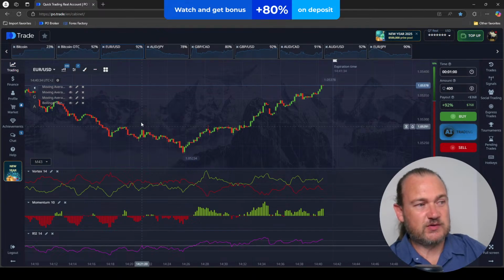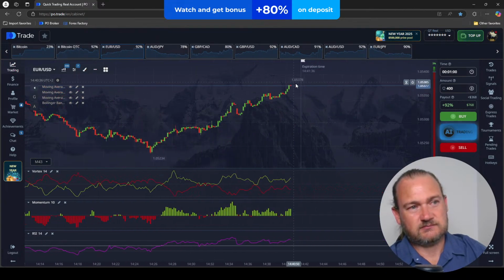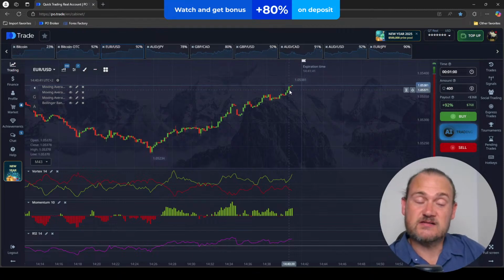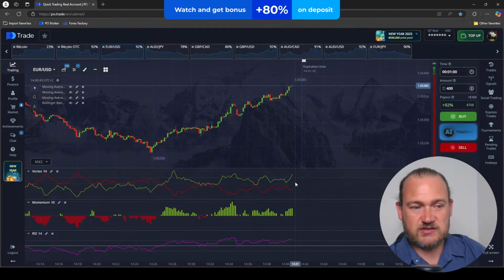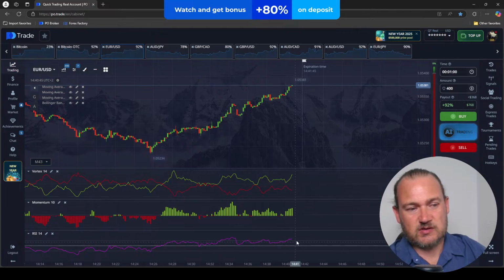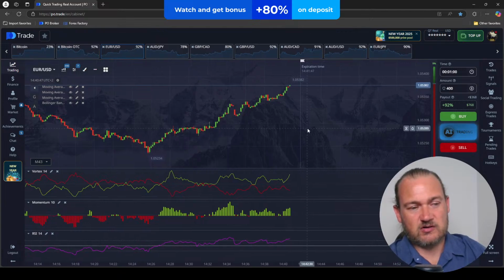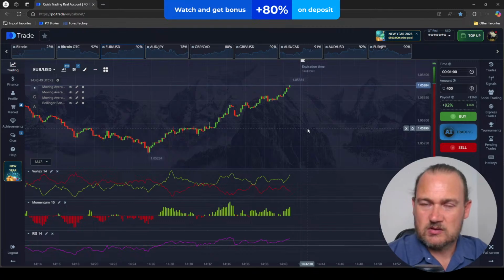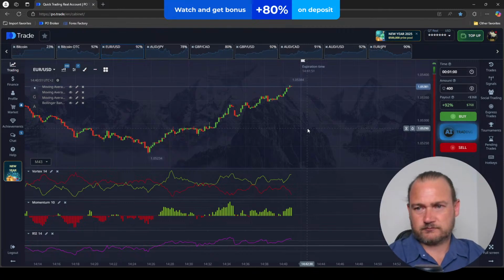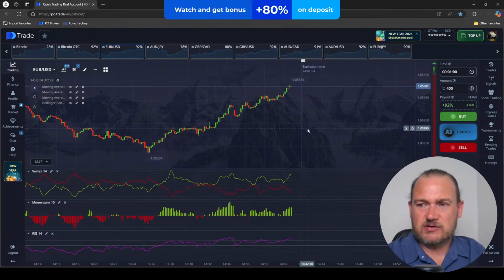So these are the moves that we like, because there's a decent chance that when the vortex crosses over bearish now, at the same time my RSI and my momentum will cross over bearish as well.